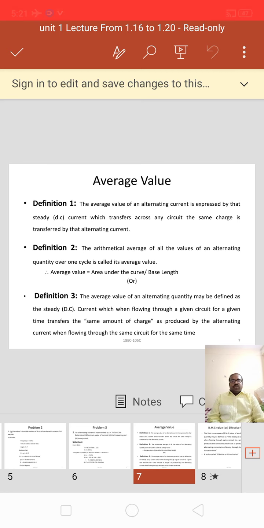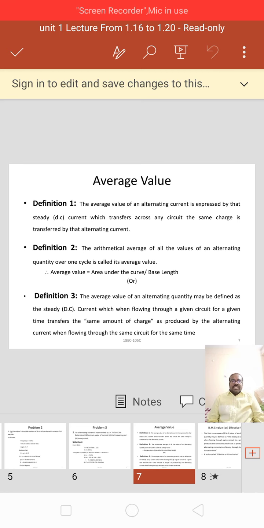Definition 2. The arithmetical average of the values of an alternating voltage or current, or alternating quantity, over any cycle is called the average value. That is, average value equal to area under the curve divided by the base length of the curve.